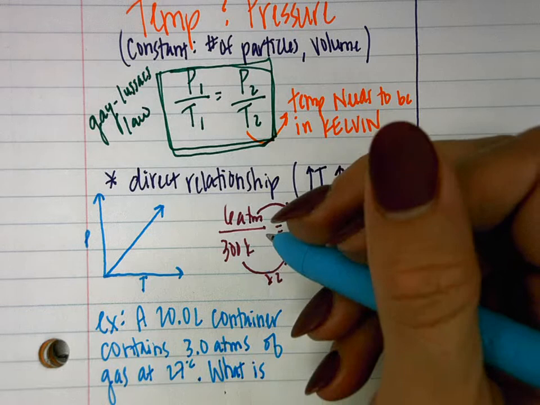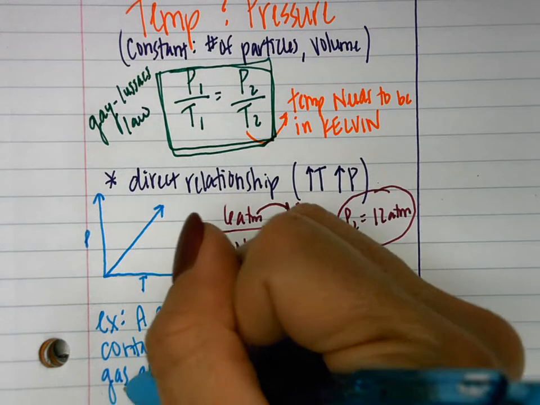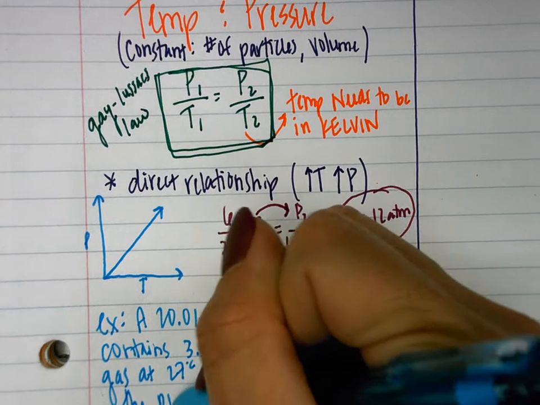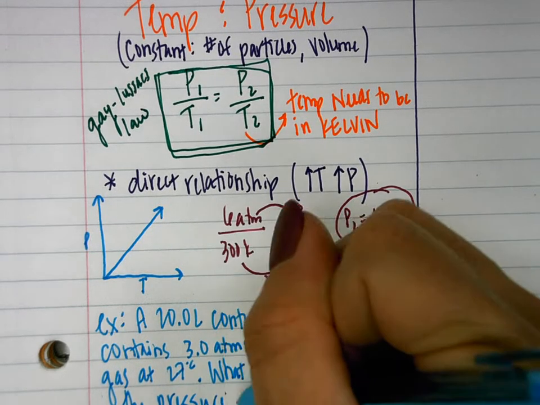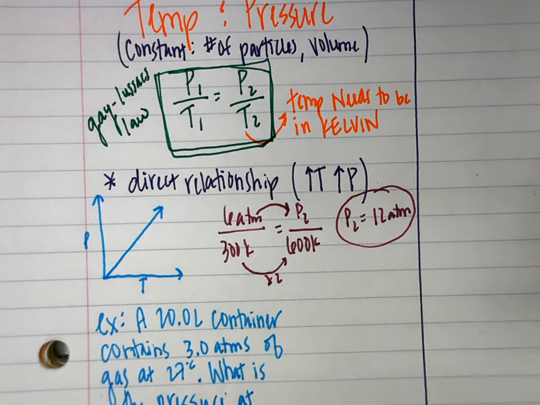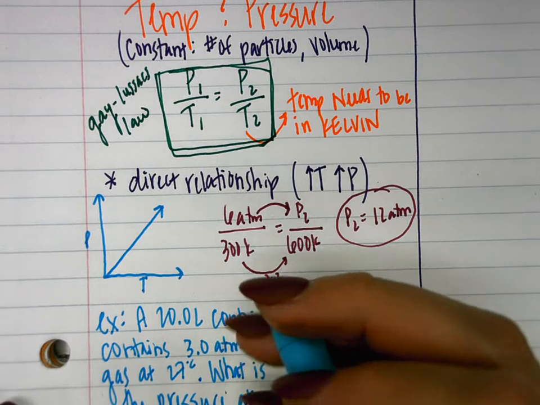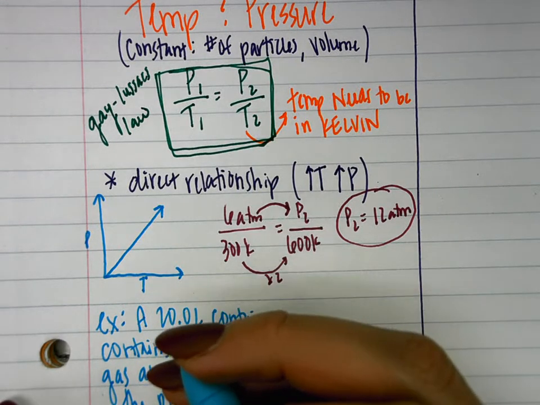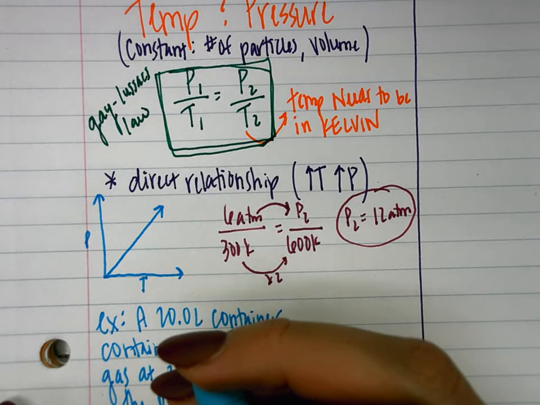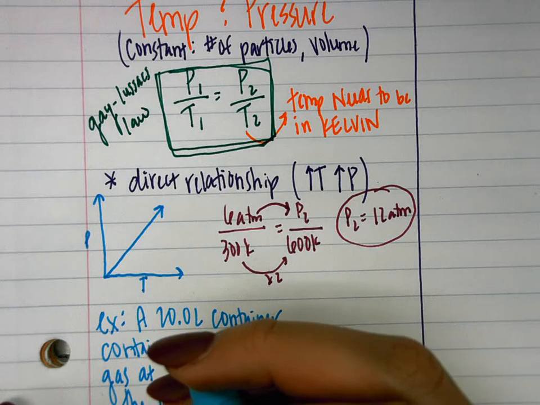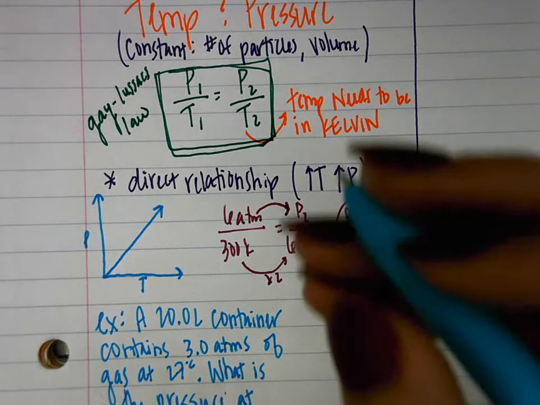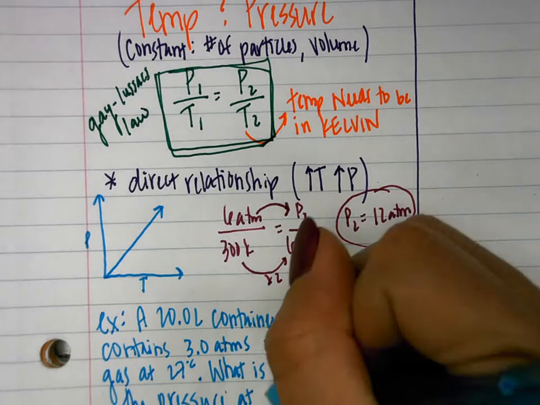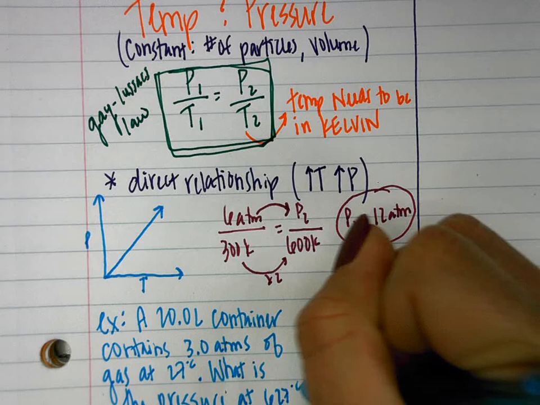What is the pressure at 627 degrees Celsius?